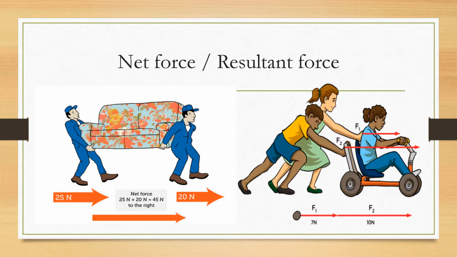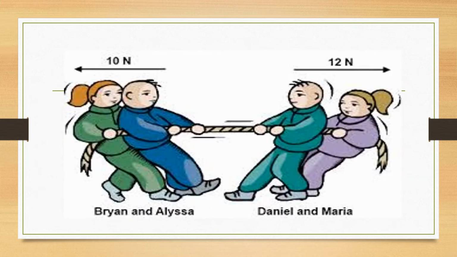In the same way, in the second picture, you are seeing the children pushing the cart. The net or resultant force is the addition of both the forces. Here in the next picture, the children are playing tug of war, and as the different forces are acting in different directions, the resultant force is the subtraction of these forces.